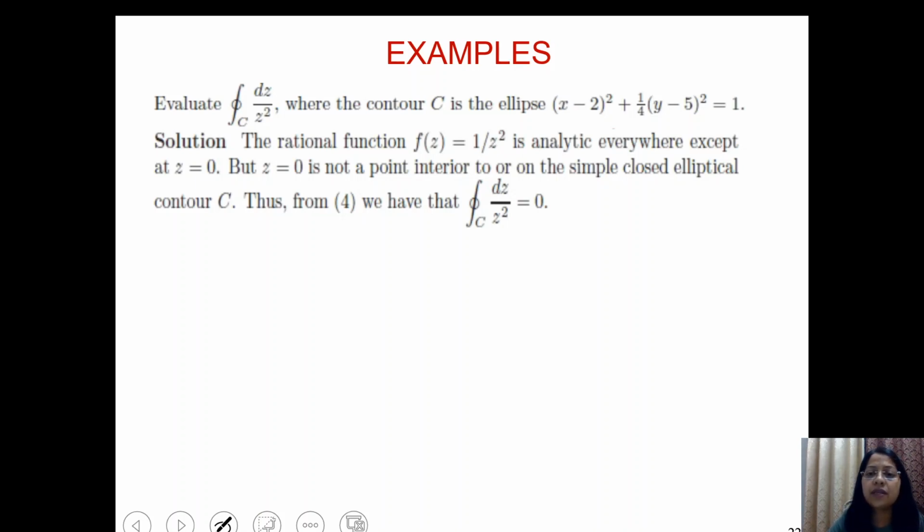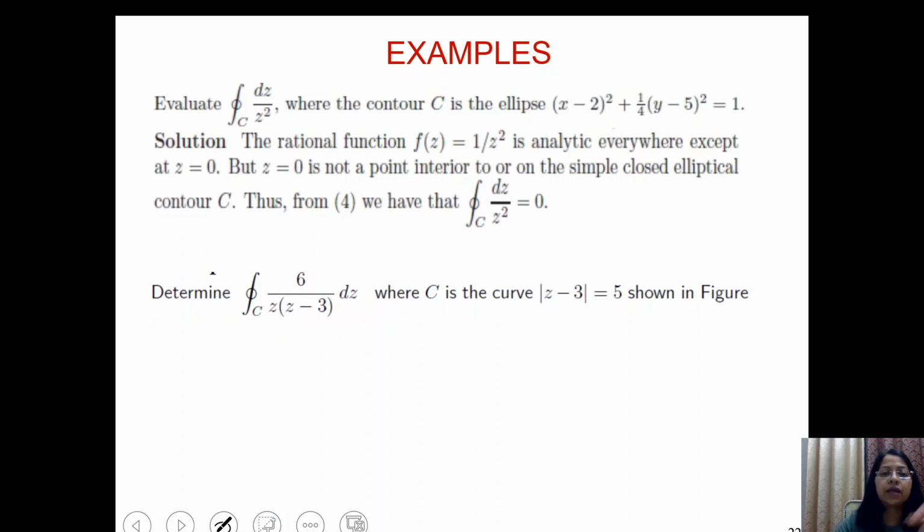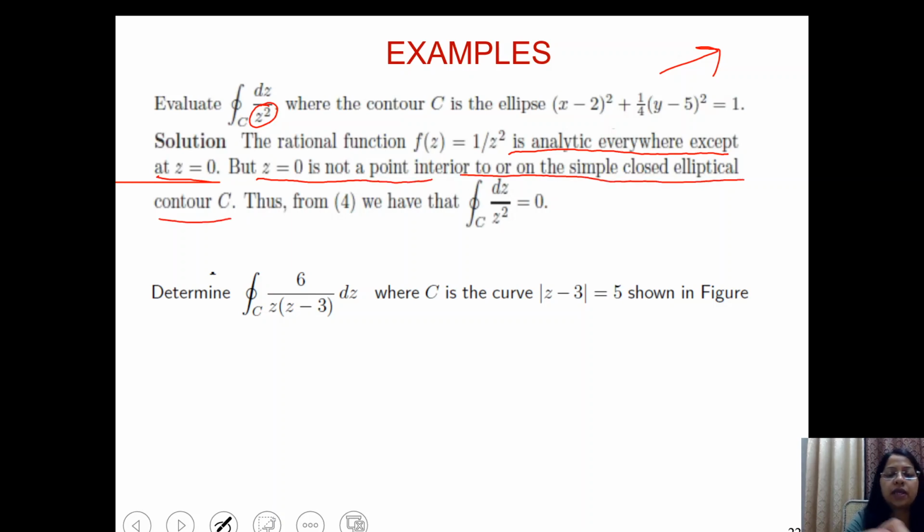The rational function 1 by z square is analytic everywhere except at z equal to 0, the origin. But z0 is not a point inside or on the simple closed elliptical contour C. If we draw this ellipse, the origin is excluded. Since it is excluded, the value of this integral is 0.